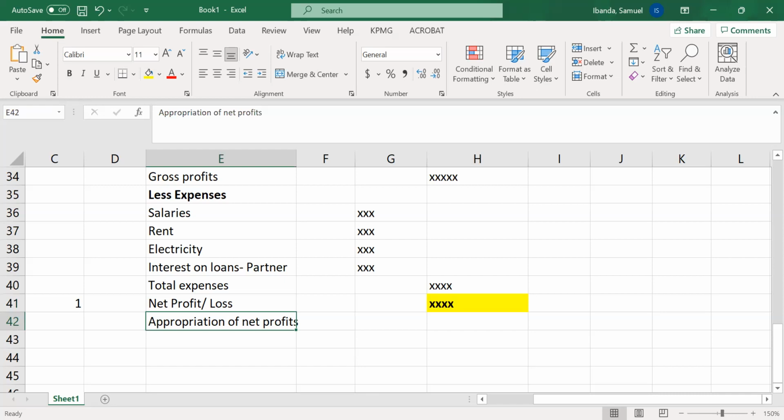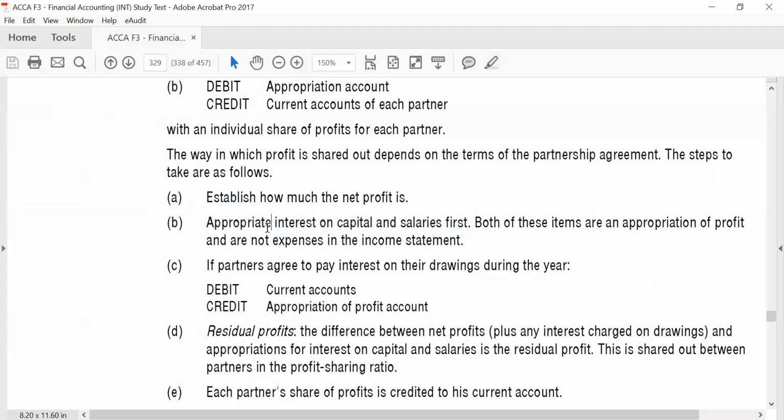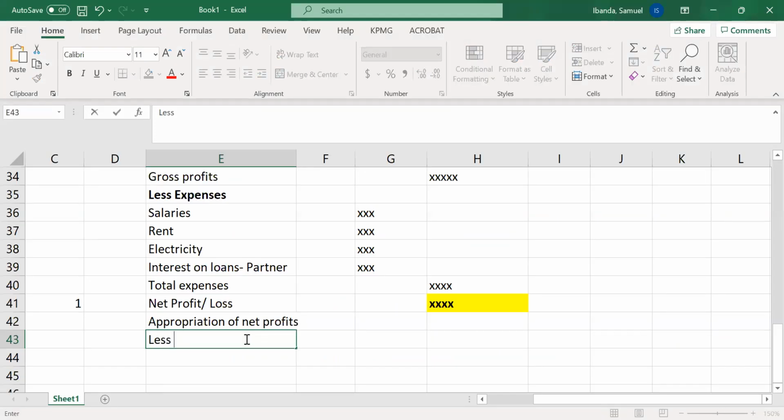And when you get to the appropriation, what we are basically doing is we first remove the interest on capital and salaries. By them saying appropriate, it means we have to remove them. So we shall now bring in here and say less interest on capital.